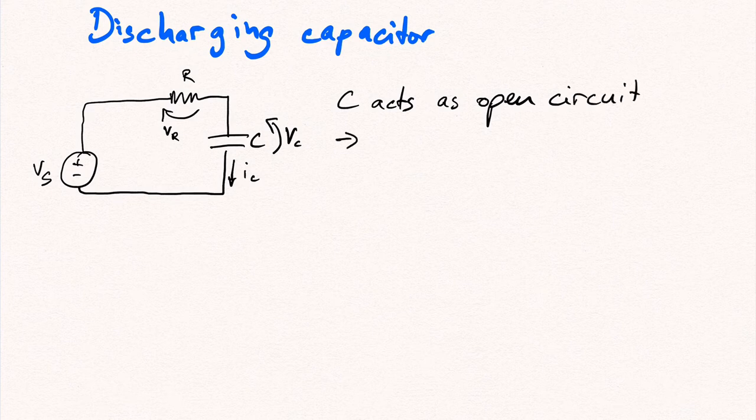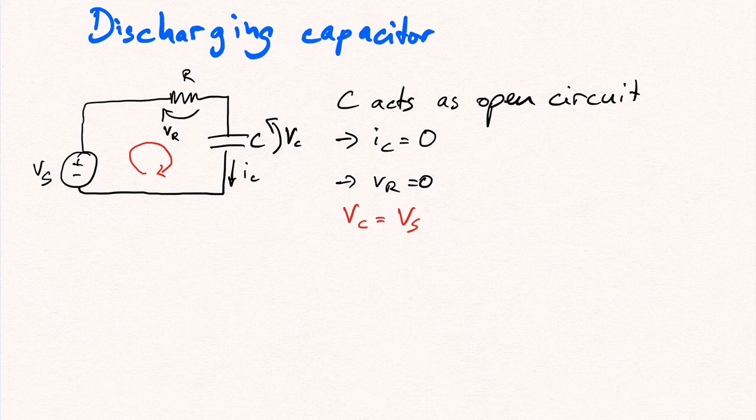Hence, for a DC circuit, IC, the current through the capacitor, is 0, which also implies that no current is going through the resistor, and by Ohm's law, that means that VR has to be 0 as well. If we now apply Kirchhoff's voltage law around this loop, we'll find that Vc is Vs. Now let's assume that at time equals 0, we change the circuit.